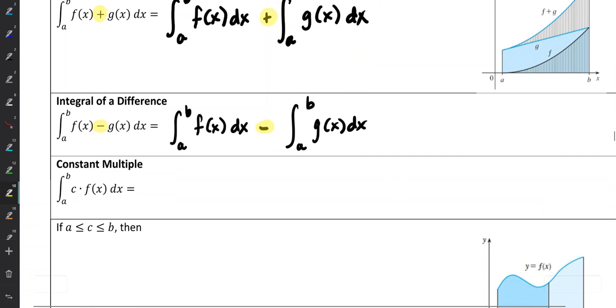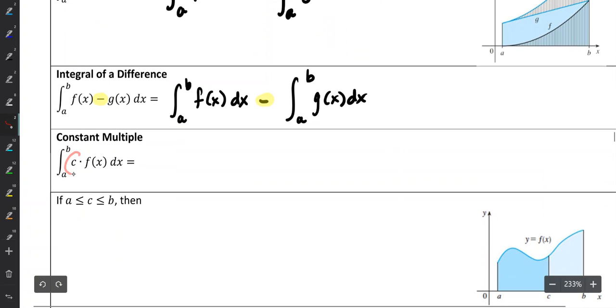Constant multiple rule. This is similar to differentiation, right? The derivative of a constant times a function is the constant times the derivative of the function. Same thing here with integrals. This is c times the integral from a to b of f of x dx, right?